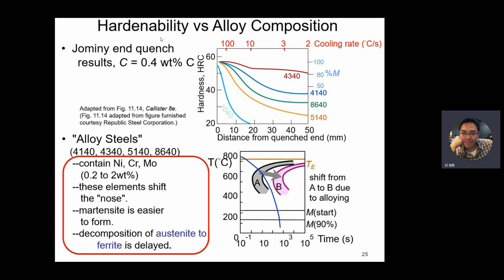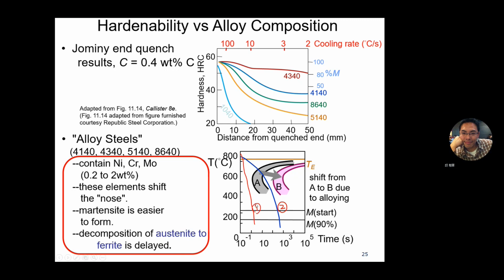Why? Because, for example, I just draw another CCT curve, like this. Sorry, this temperature should be higher than TE. Therefore, I have two CCT curves, continuous cooling, curve 1 and 2.